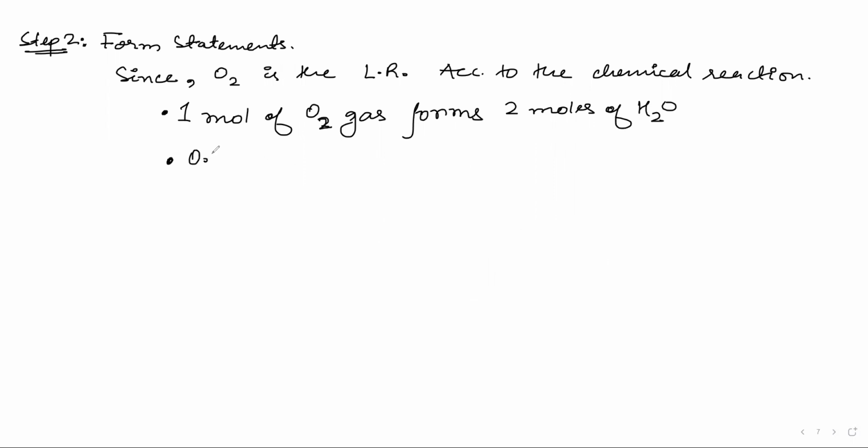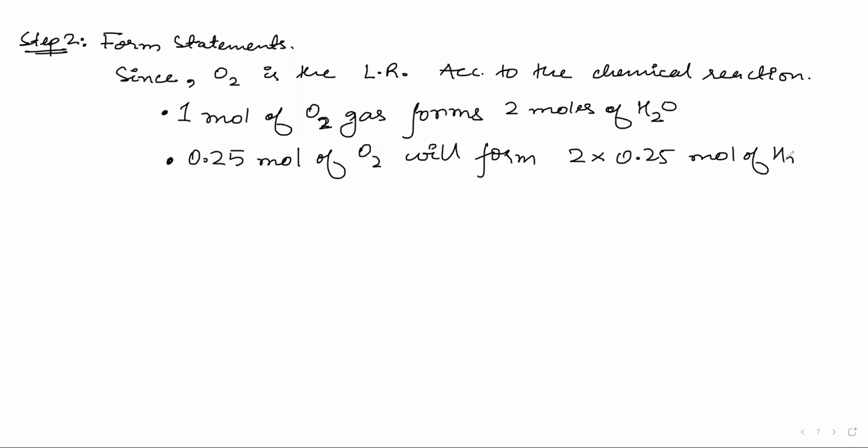Yes, 0.25 mole of O2 will form 2 into 0.25 moles of H2O, right? This will be equal to 0.5 mole of H2O. So this is the moles of H2O.